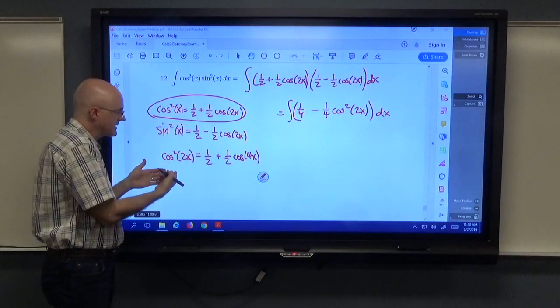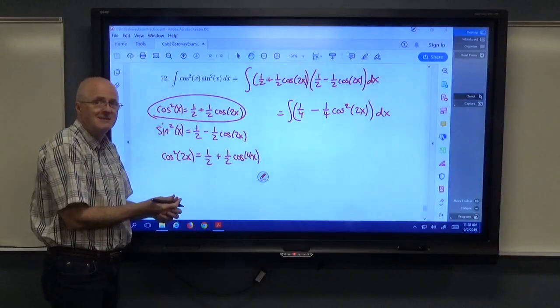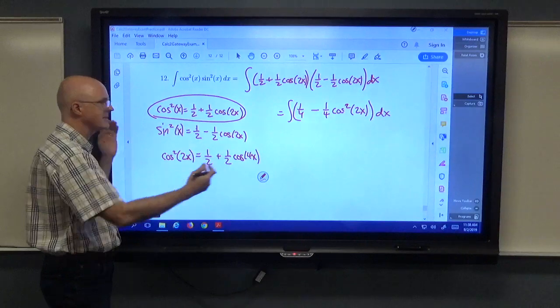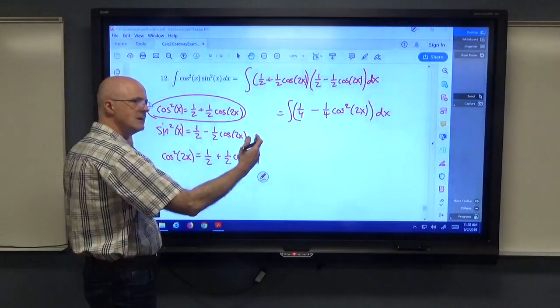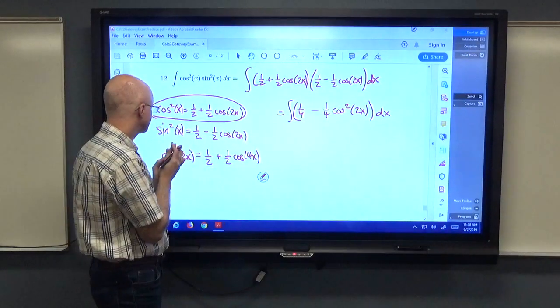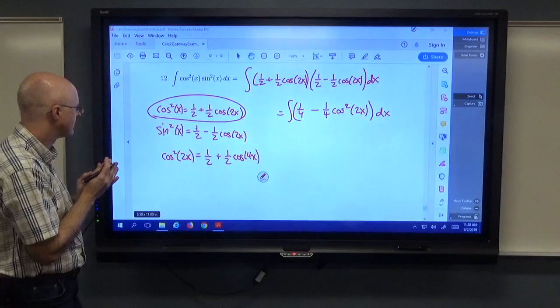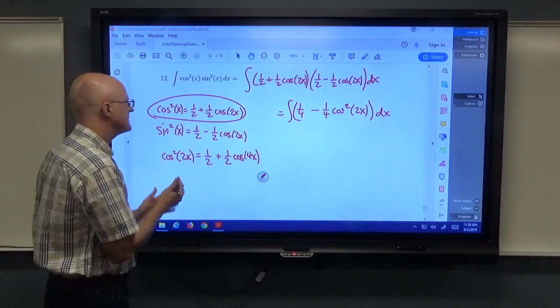Another identity would be cosine squared 3x would be 1/2 plus 1/2 cos 6x. Both of these are true no matter what x is. Graphically, going from x to 2x corresponds to a horizontal compression by a factor of 2 of the graphs. So that's what to use here.